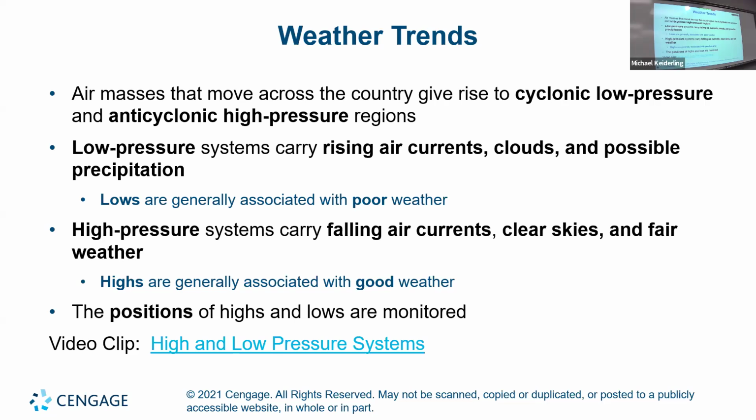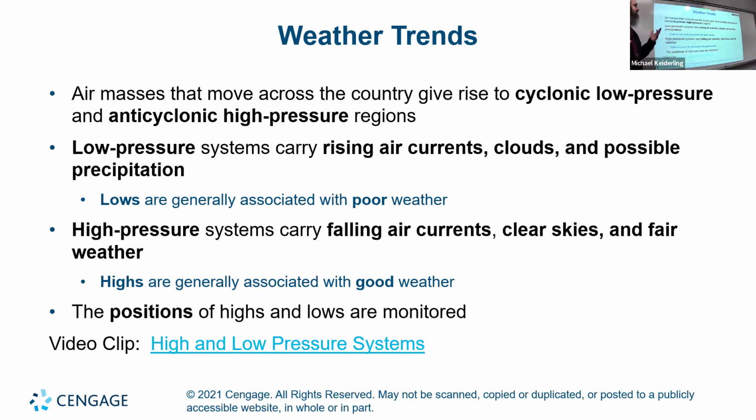While the high pressure regions are generally associated with falling air currents, clear skies, and fair weather. The falling air from high altitudes is very dry, so you don't get a lot of precipitation from that. While lows are associated with the warmer air near the surface that has a lot of humidity in it rising up, forming precipitation.